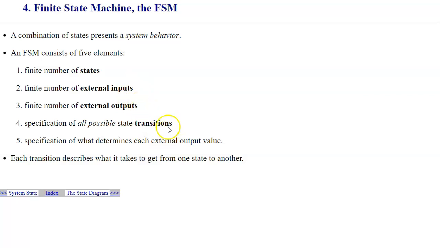We also need to know all possible transitions that should be allowed between different states. Specification of all of this determines the external output value. In addition to this, we need to realize what events trigger our state transitions. So each transition describes what it takes to get from one state to another, with all preconditions and postconditions of that state.